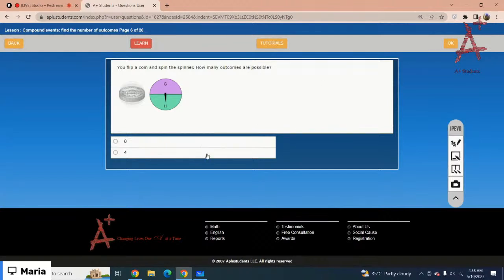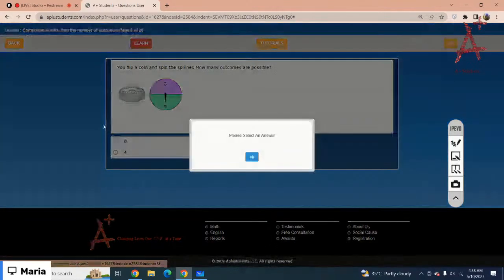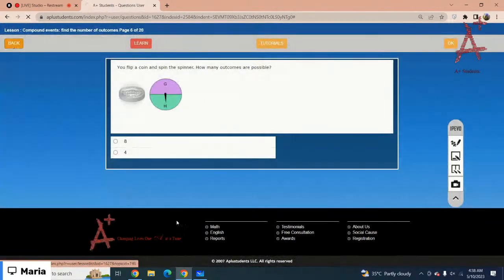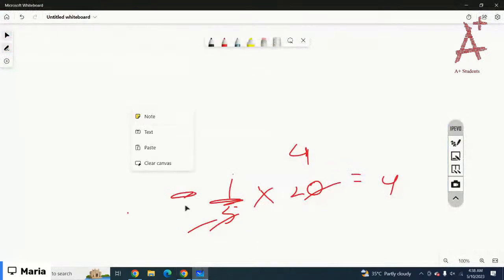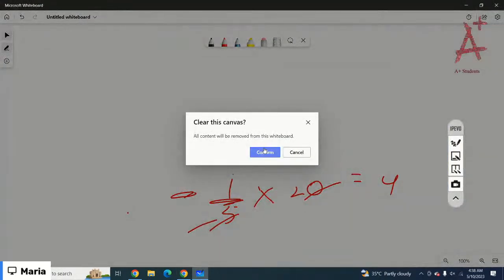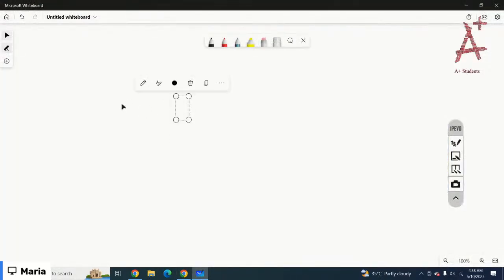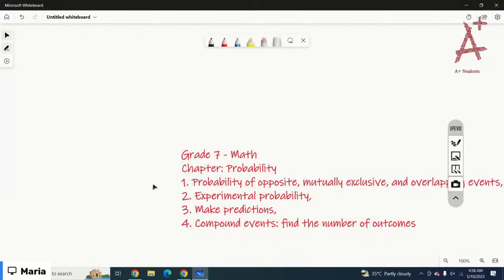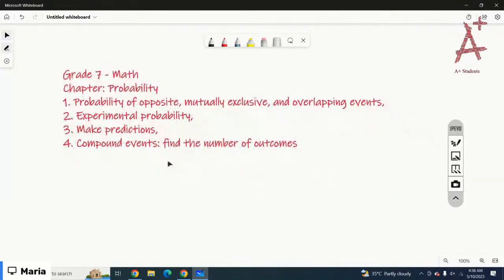Okay, you can complete the test by yourself later today. So we are working on grade 7 maths. The chapter we're working on is probability, and the lessons we have covered today are probability of opposite, mutually exclusive, and overlapping events.